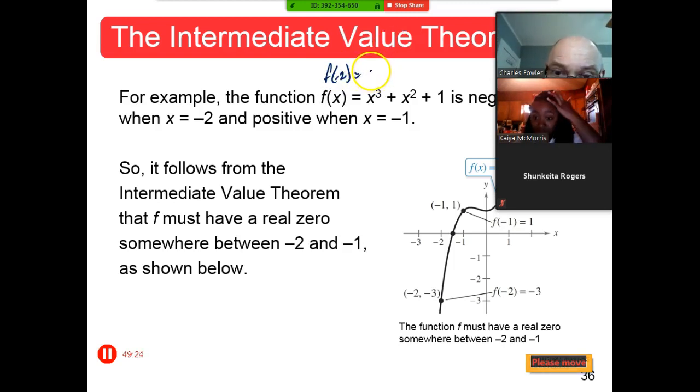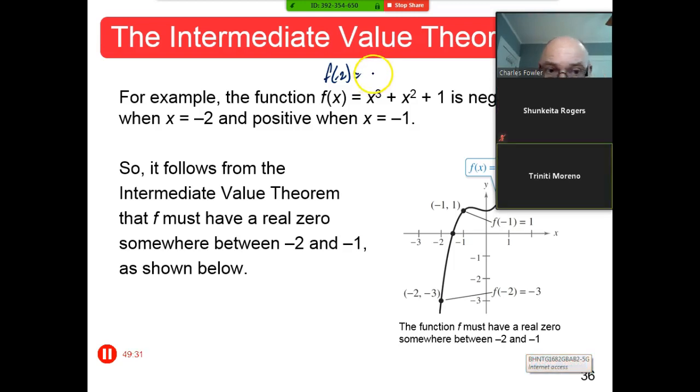Tell me what you do to check it. Everywhere you see an x, you put in a minus 2. So this would be negative 2 to the third power plus negative 2 to the second power plus 1.